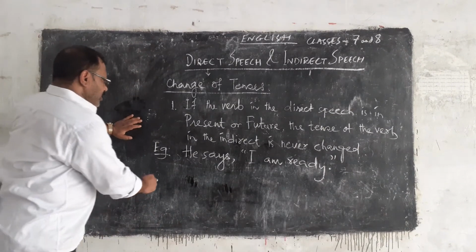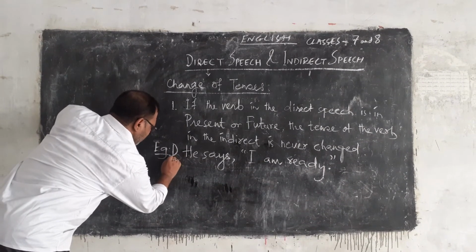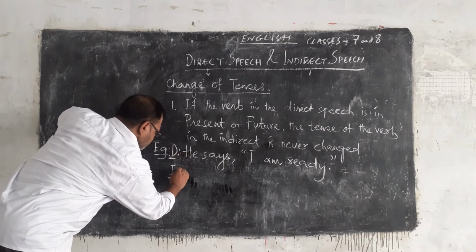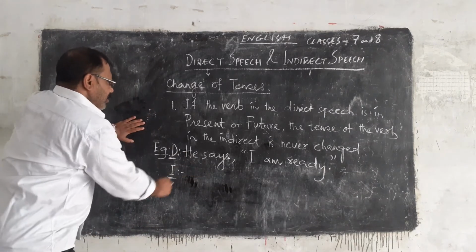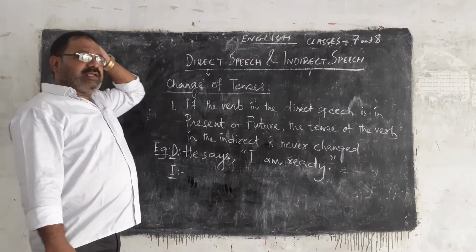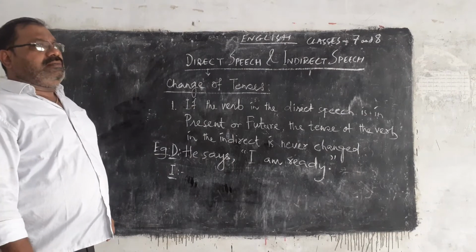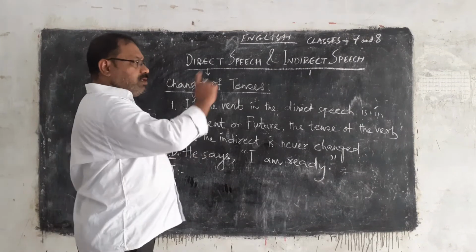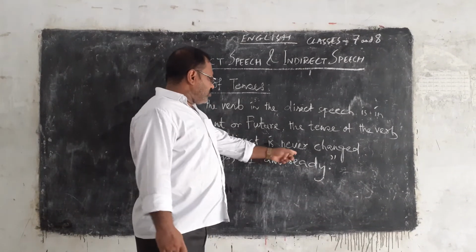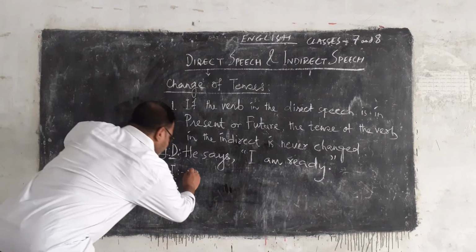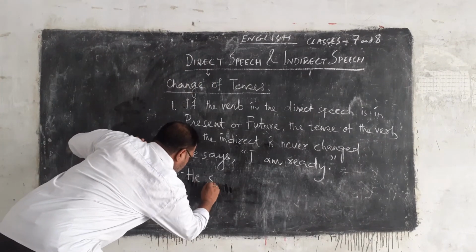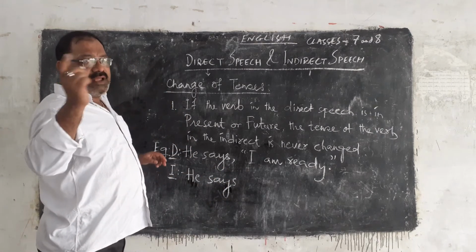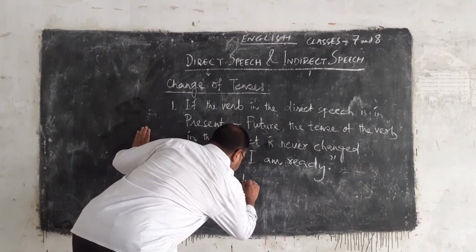Now, when we change this to indirect, see, this is direct. I am writing D. Now, indirect, I. So, rule number 1 is telling us, if the verb in the direct speech is in present or future, this is in the present tense, he says, it should not be changed at all. Present or future should never be changed. I'm not changing, he says, I'm applying the rule from the basics, applying a conjunction that.